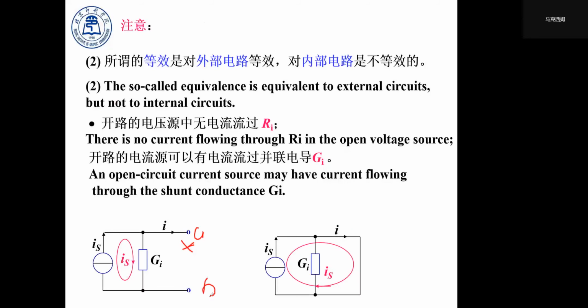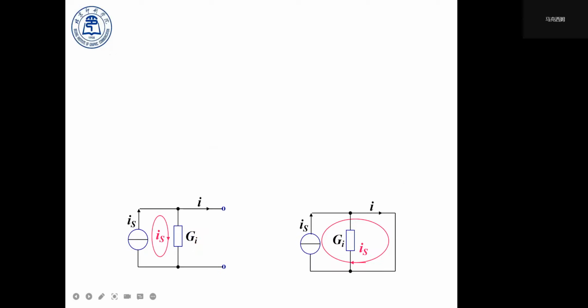So the only loop is this loop, to let the current from the current source complete a circle. We also know that without a circle, there's no current. So we have to make a complete loop. Once you connect it with a wire, we can short circuit the conductance GI. We can do it both ways.